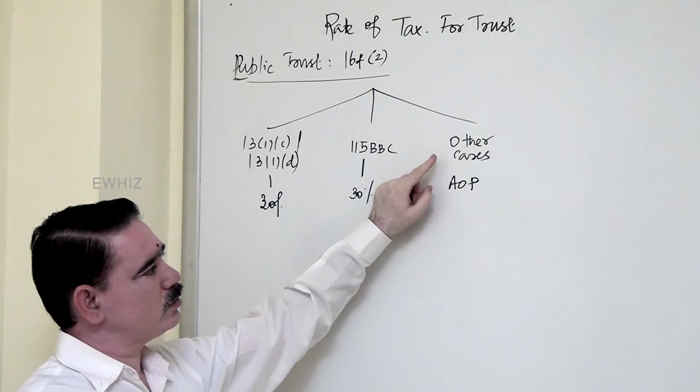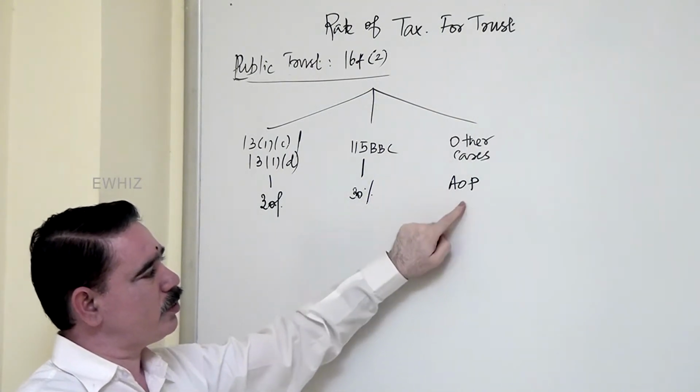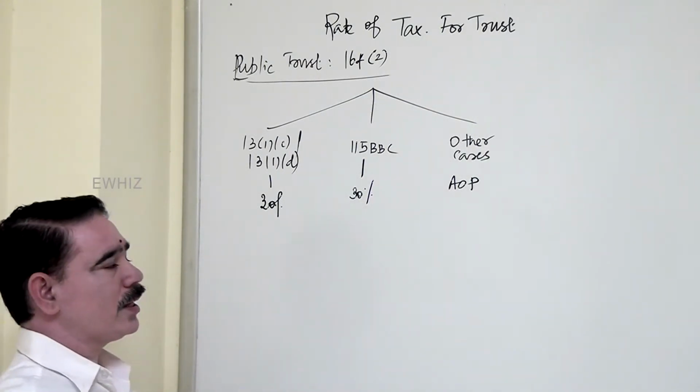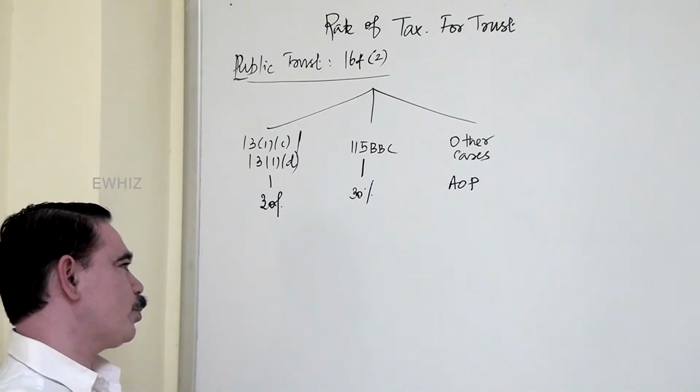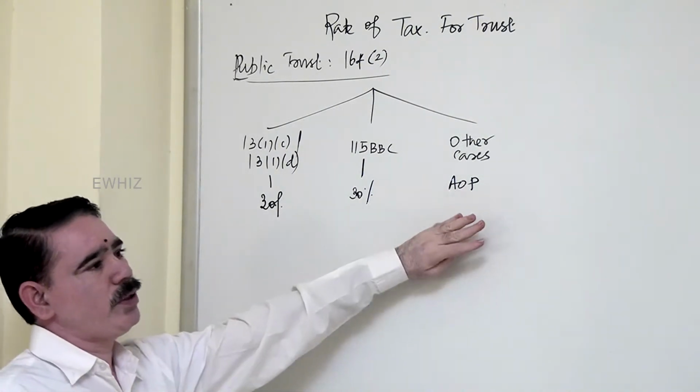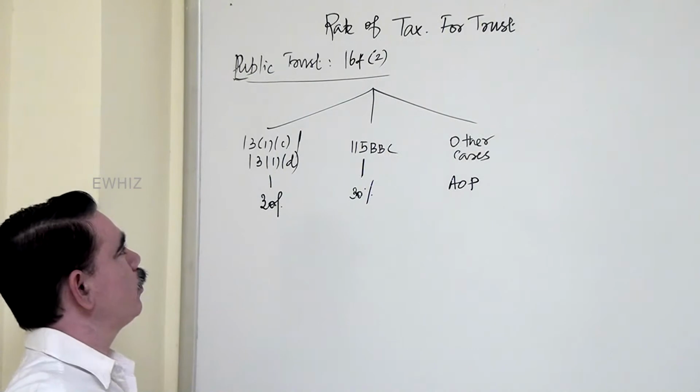In all other cases, other income exceeding the basic limit will be liable for tax at AOP rates, that means slab rate would apply. Again, basic exemption will not be liable, the balance only will be liable.